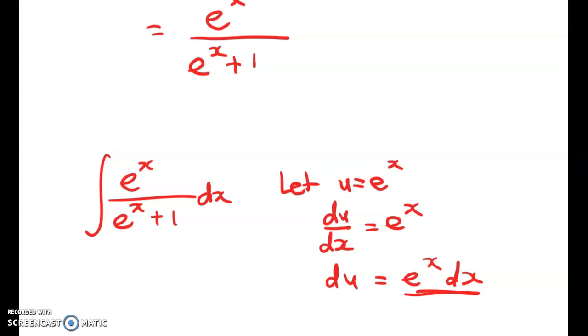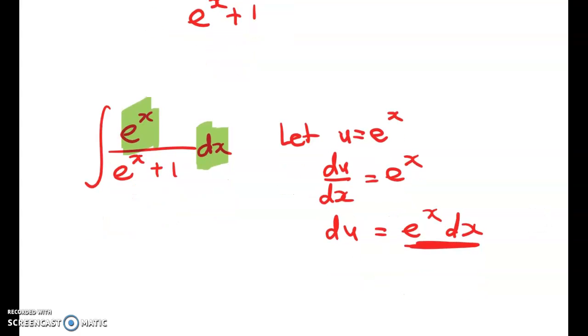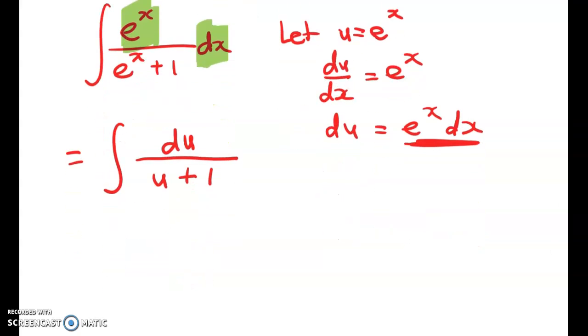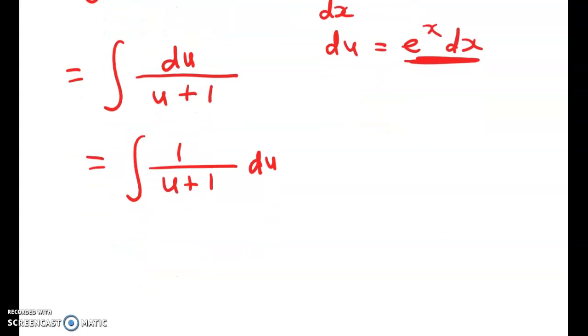And what I'm looking for here is to match this up with something directly in the integral. And that's working quite well. So now I can rewrite the integral as du over u plus 1. I would much rather write it out as this, 1 over u plus 1 times du.